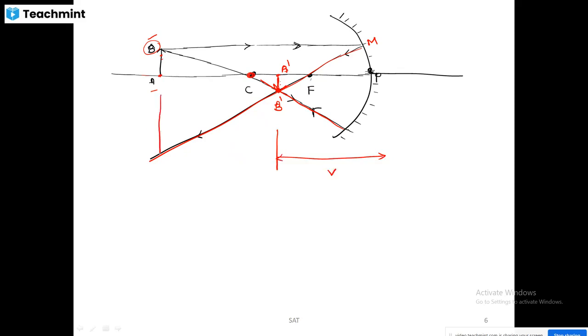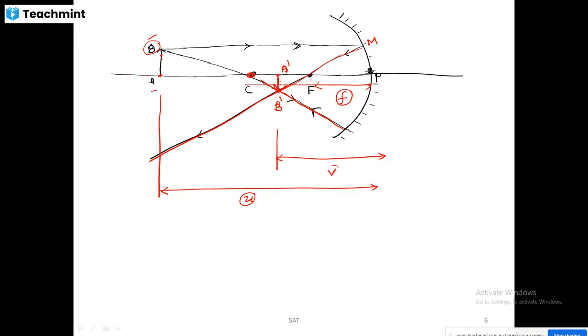The distance between the object and the pole, that is u. Focal length is the distance between the focus and the pole, called f. So now we need to form the relation between the image distance, object distance, and focal length.